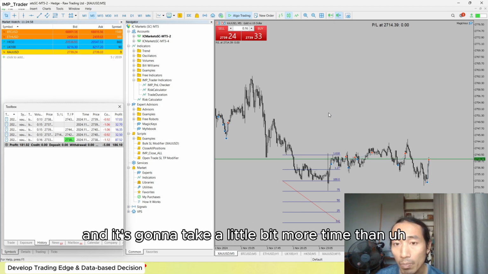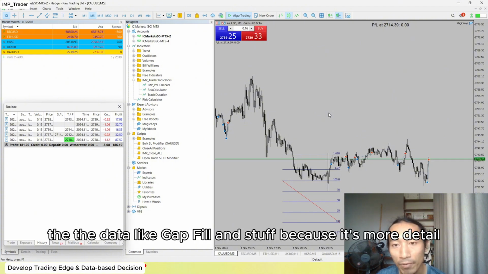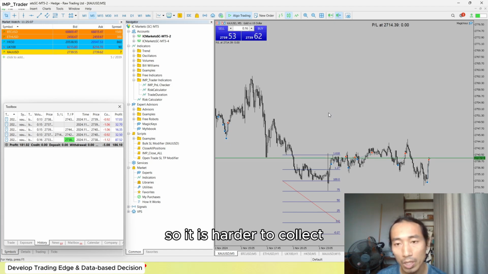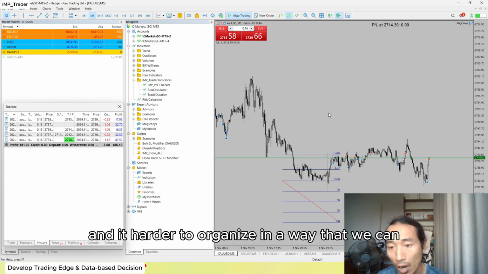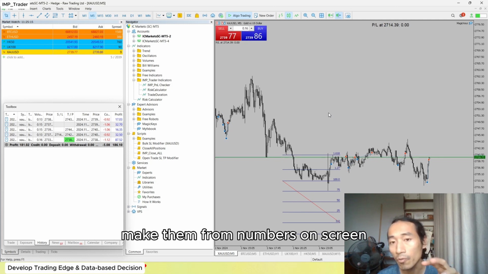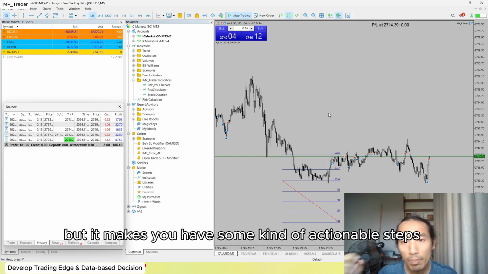It takes more time because it's more detailed, so it's harder to collect and harder to organize, but it gives you some kind of actionable step.